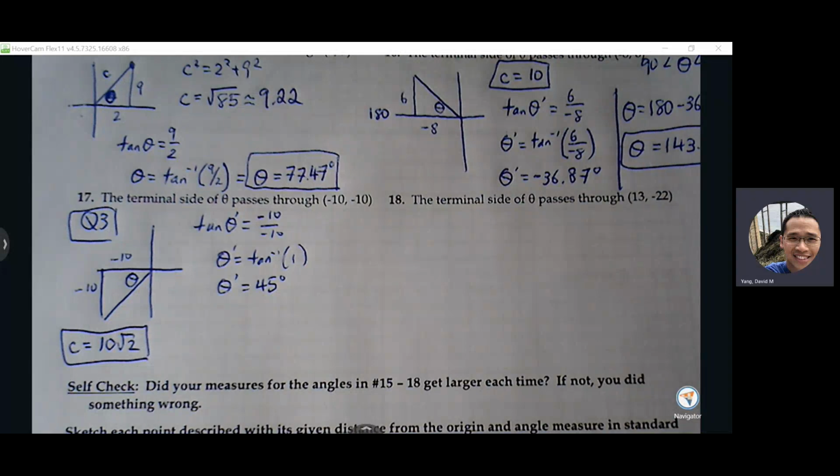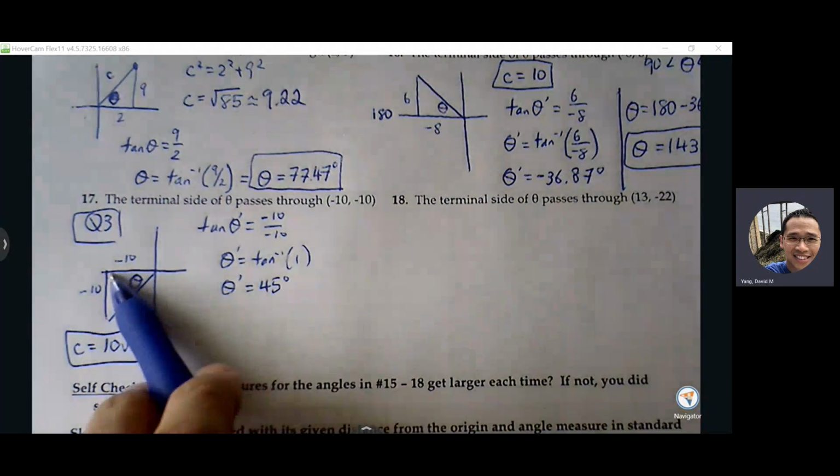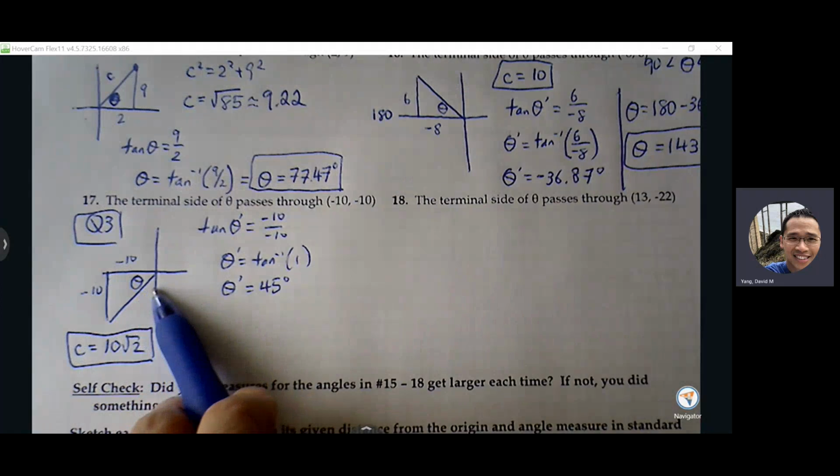So the calculator returns back to us 45 degrees, but I want 45 degrees in the third quadrant.